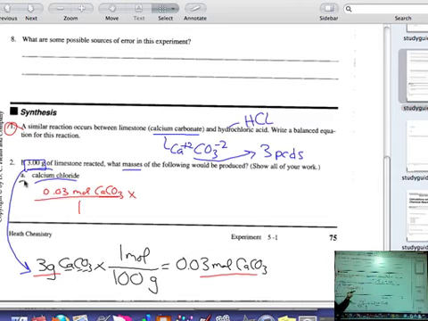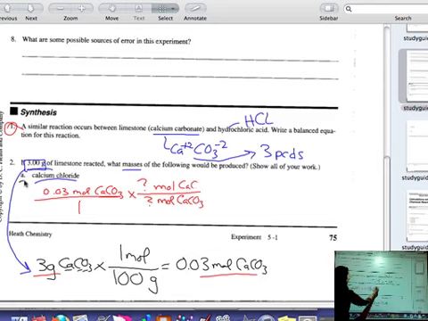If this is how many moles of calcium carbonate there are in our sample, what can we multiply that by to get over to calcium chloride? We've got to use the mole ratio. In your balanced equation, you find some amount of moles of calcium chloride divided by some amount of moles of calcium carbonate.